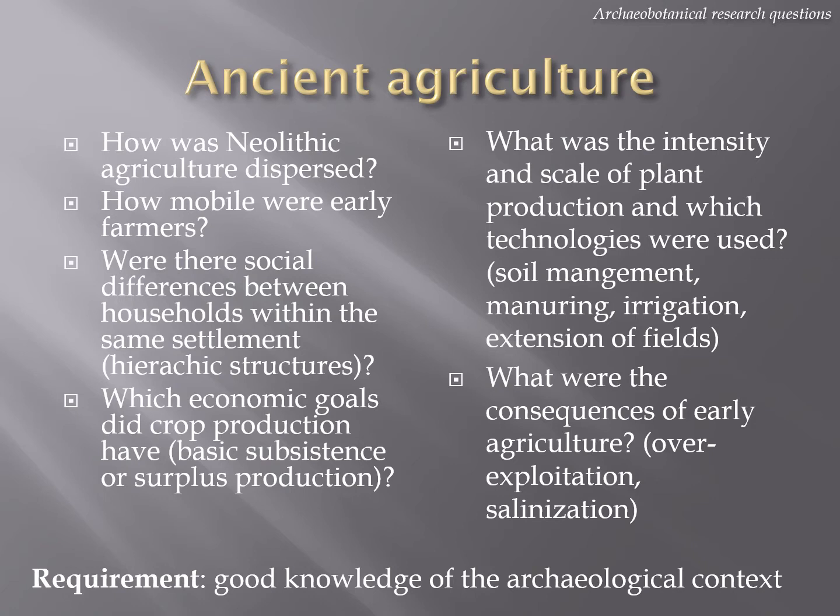What was the intensity and scale of plant production, and which technologies were used? So do we recognize soil management, manuring, irrigation, extension of fields? And what were the consequences of early agriculture? So, for example, addressing overexploitation or salinization.